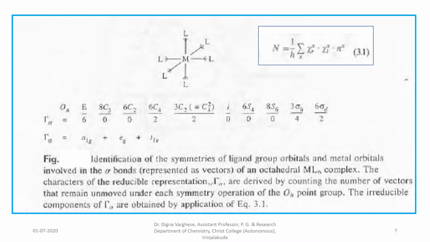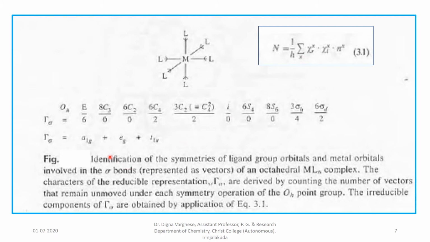We have to identify the irreducible representation for the octahedral symmetry complex. Then the irreducible representation is given as A1g, Eg, T1u, that is actually the symmetries of the ligand group orbitals, obtained from the character table of the point group Oh.